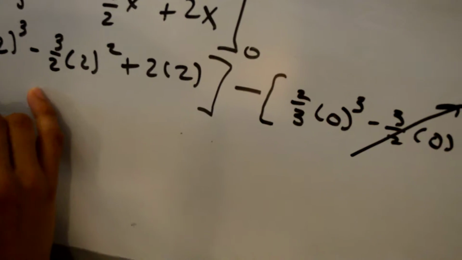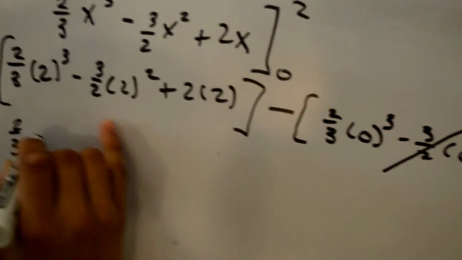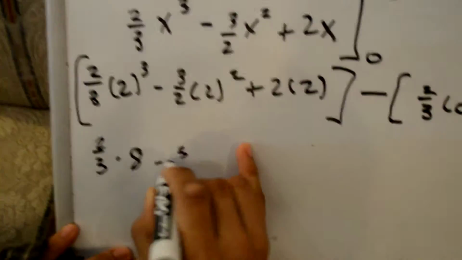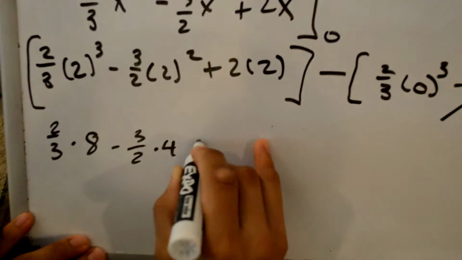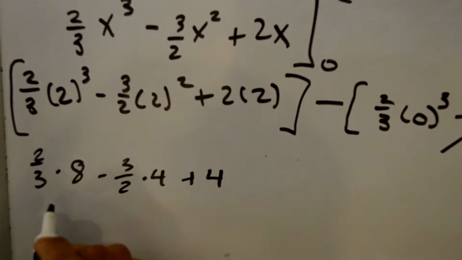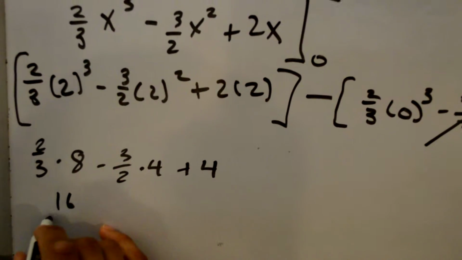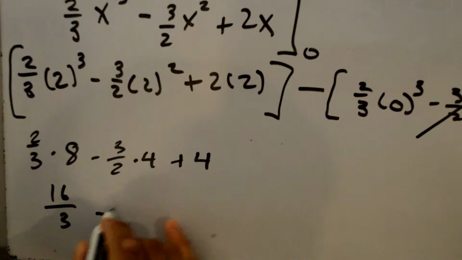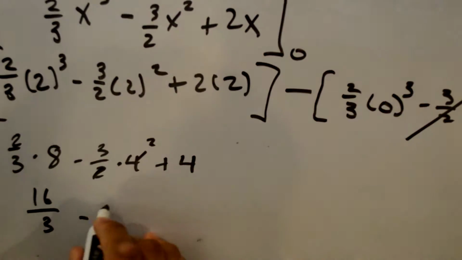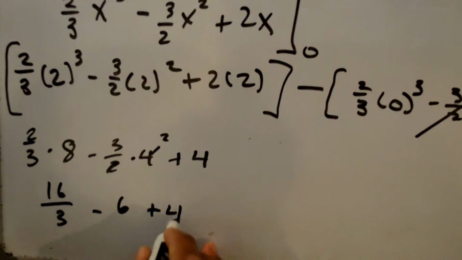So this is 2/3 times 8 minus 3/2 times 4 plus 4, right? So this will be 16 divided by 3 minus, we can reduce that to 2 minus 6 plus 4.